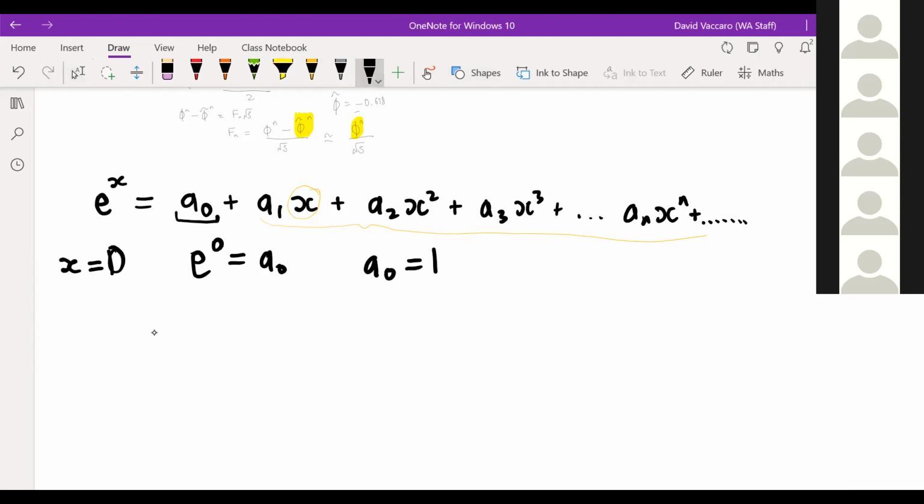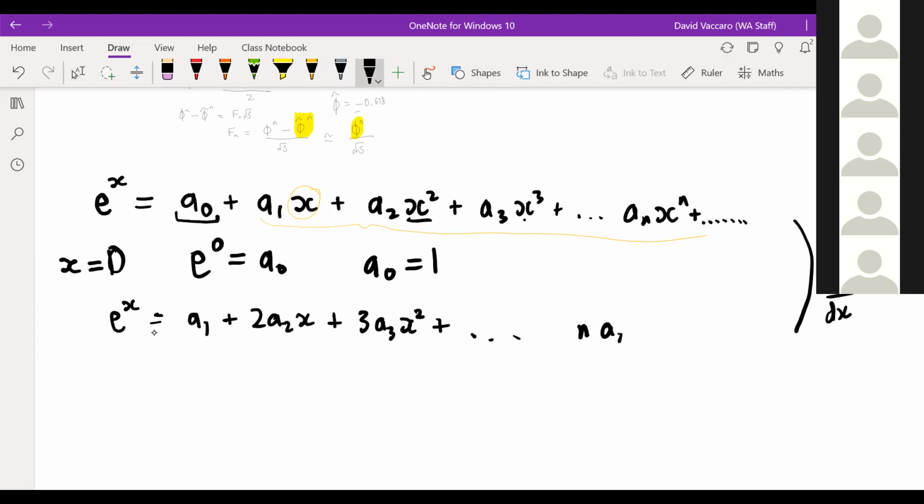So I'm going to differentiate my original expression for e to the x, and I get e to the x is now equal to a1, x squared differentiates to 2x, x cubed differentiates to 3x squared, and x to the n differentiates to n x to the n minus 1.